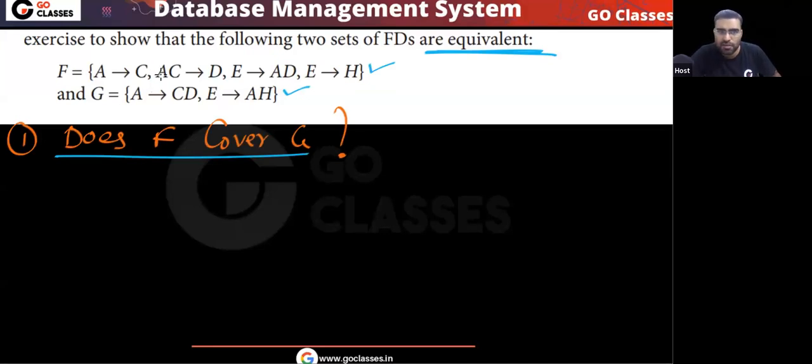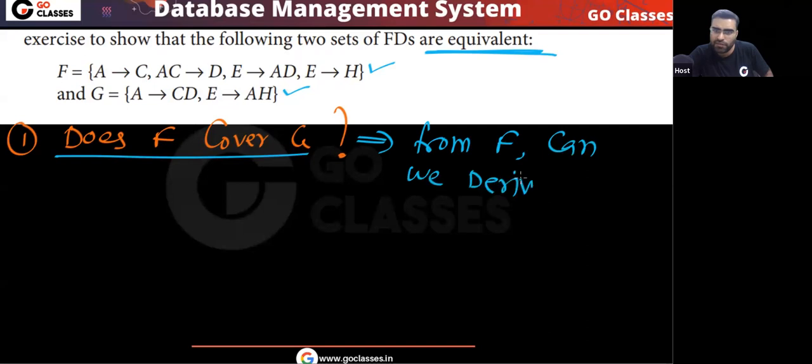You check whether you can derive the FDs of G from F. From F, can you derive the FDs of G? Yes or no? Tell me, from F, can you derive this FD?